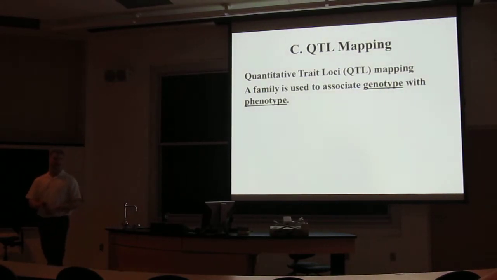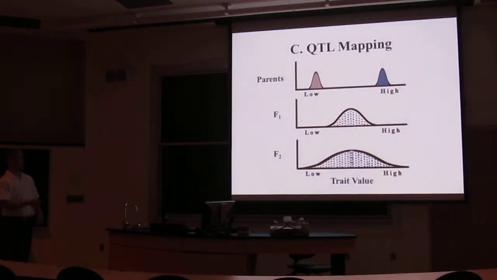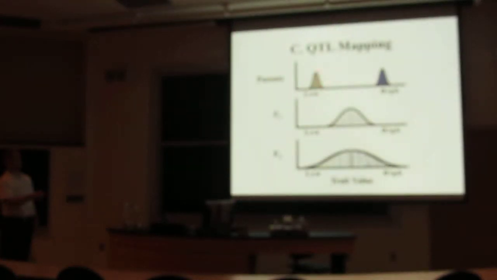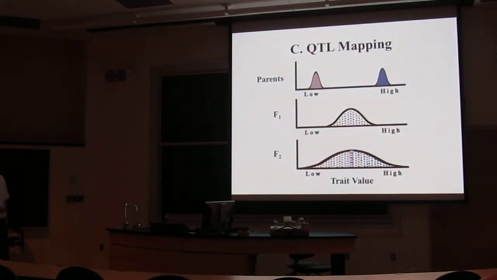Once I have a genetic map, I will conduct QTL mapping, in which the family that I create will be used to associate the genotype with the phenotype. And so here I have my low plasticity parents and my high plasticity parent trait values.